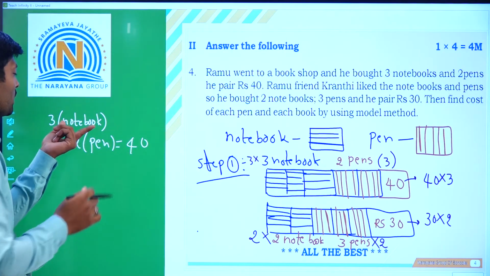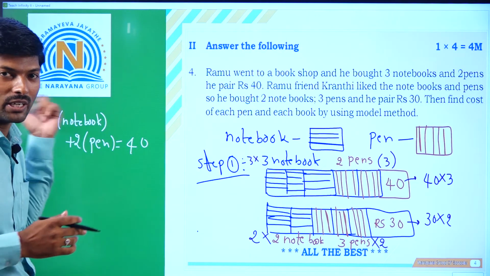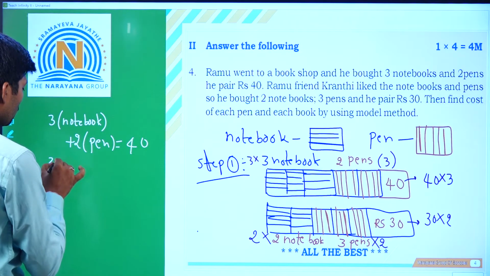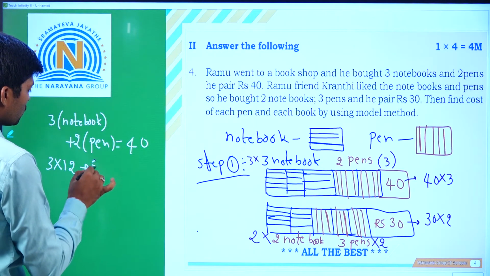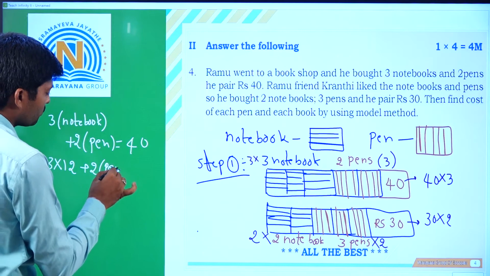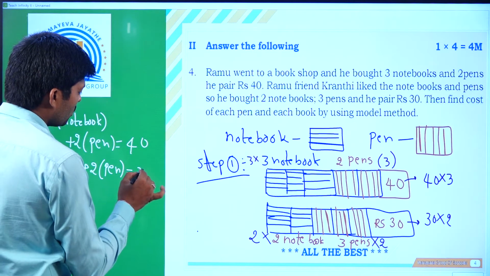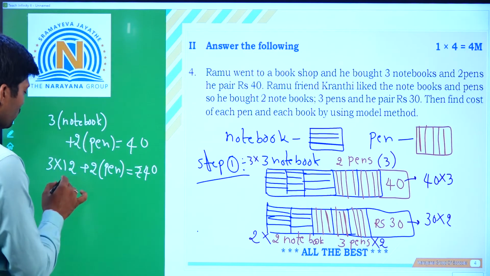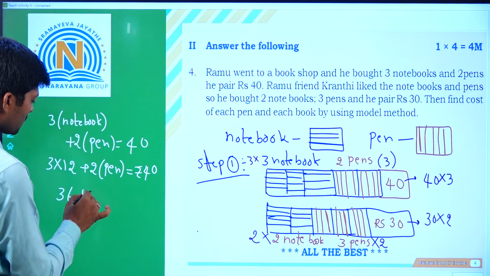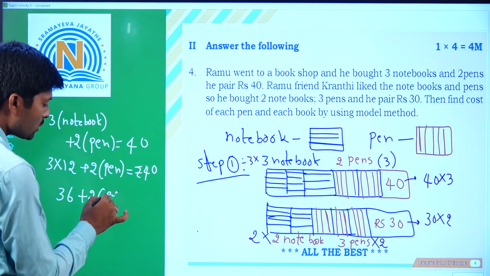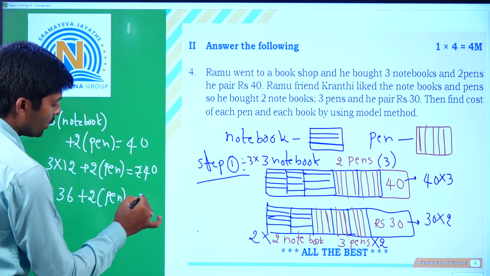In this, you can replace 12 rupees in place of the cost of each notebook, that is 3 into 12 plus 2 into the cost of each pen is equal to 40 rupees. From this, 36 plus 2 into the cost of each pen is equal to 40 rupees.